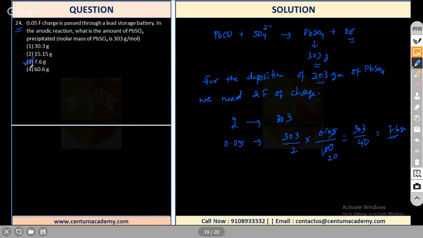Option 3 is right. Very basic question, very basic application of Faraday's law. Whatever the charge is going out, that equal Faraday is required for the deposition of the molar mass of that particular substance. Okay, so option 3 is right.